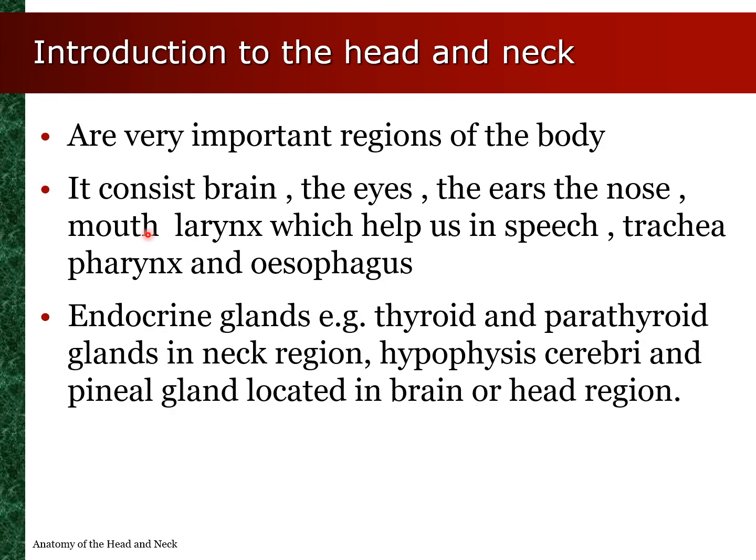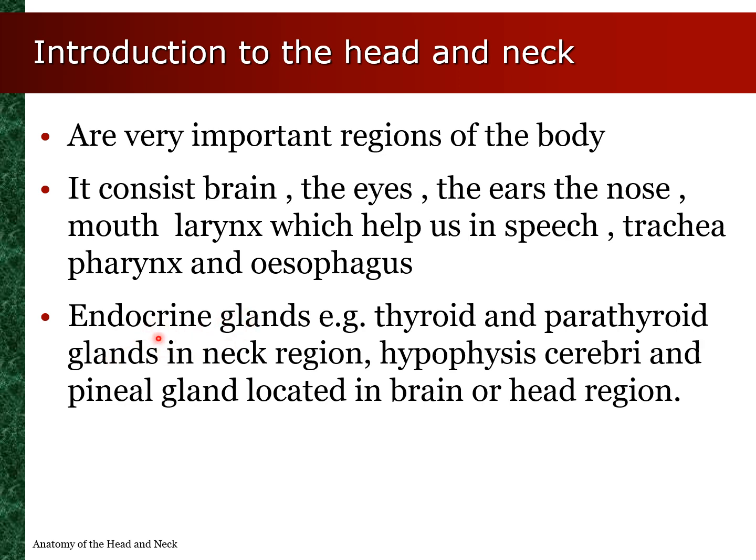It is a very important region of the body. It contains the brain, eyes, ear, nose, mouth, larynx, which helps us in speech, trachea, pharynx, esophagus. All these important structures, including the brain and eyes, are located in the head and neck region.